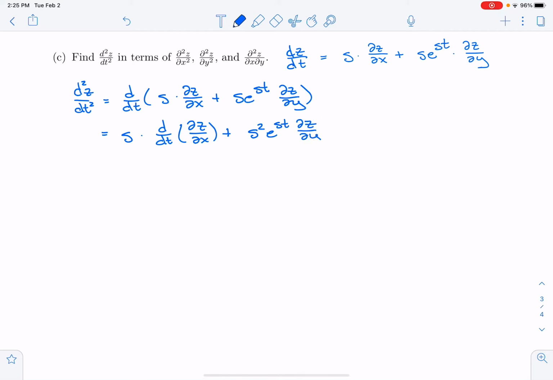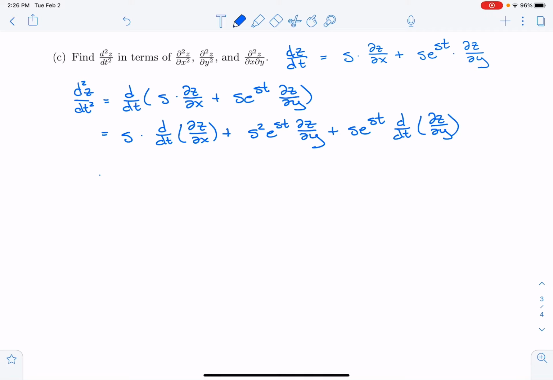Okay, so I'm taking the derivative of the first term and leaving the second one alone, plus s e to the st times the time derivative of dz dy.